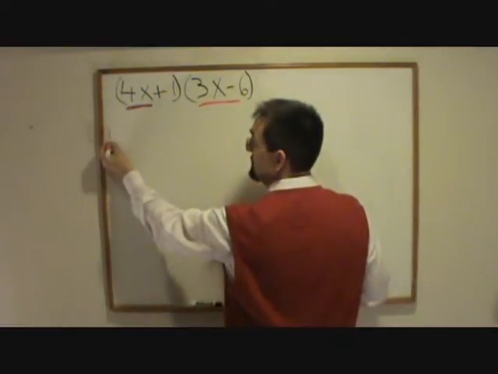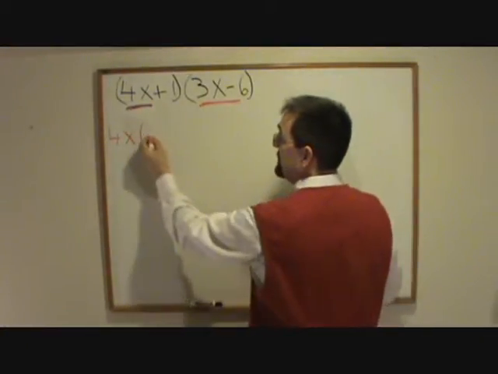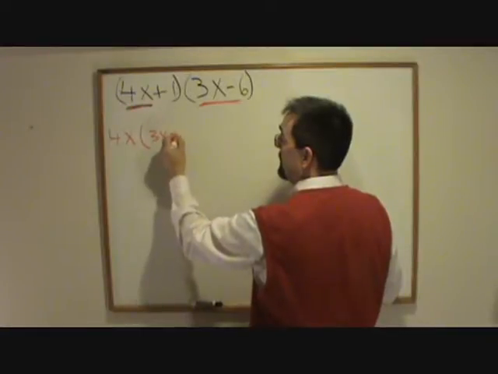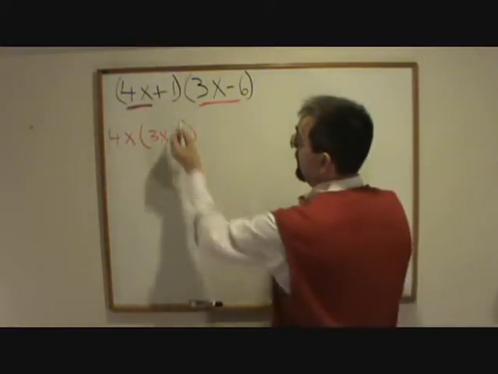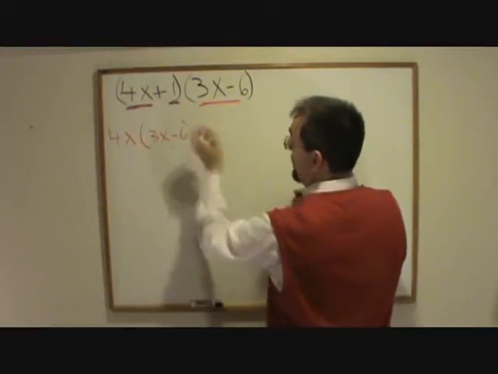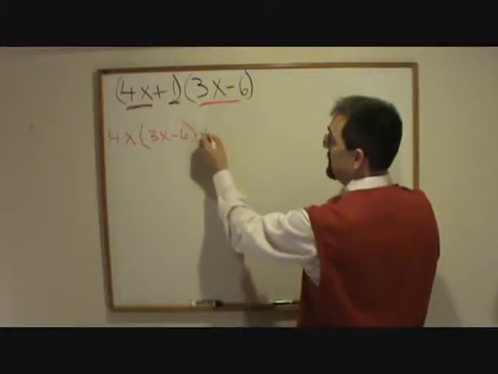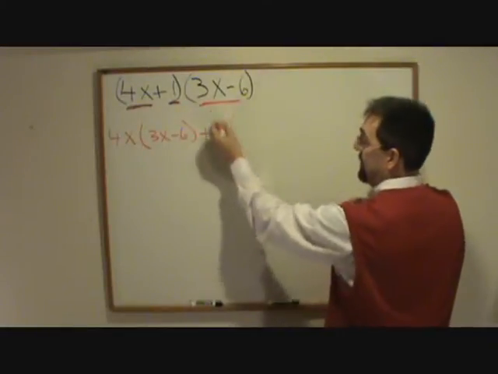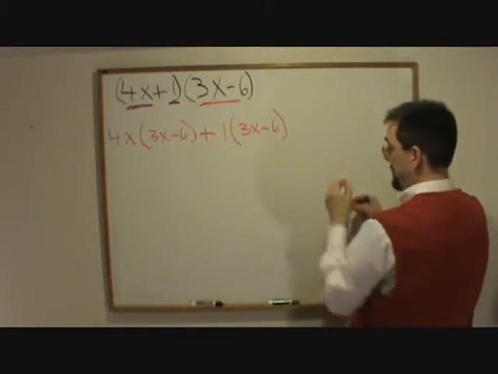I'm going to rewrite this: 4x times what's in this bracket, 3x minus 6. And then I have to do the same thing to that term, which is the 1 times 3x minus 6.